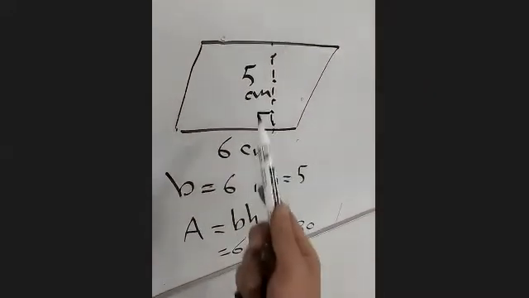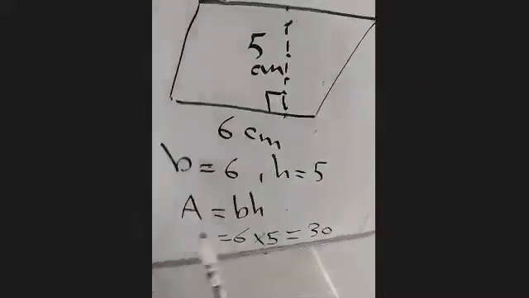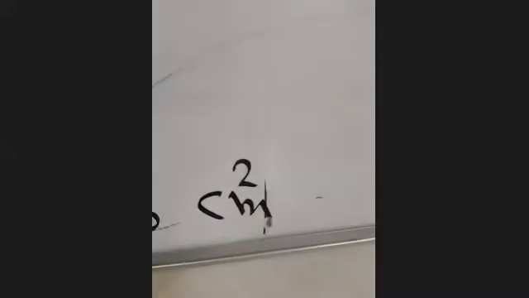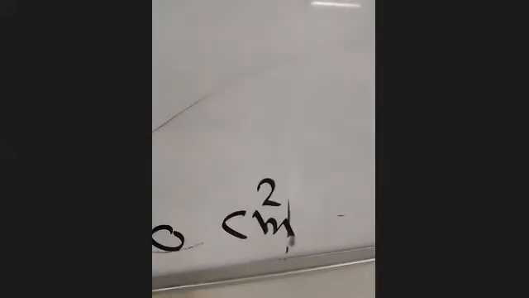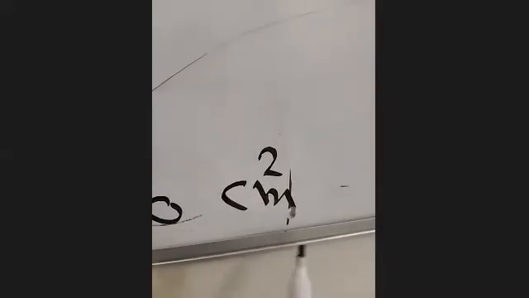So A equals 30, we put centimeter, and up here we put 2, like this. What does this mean? Centimeter to the power of 2, or centimeter squared, or squared centimeter, whatever, but you need to put exponent 2 on the unit of the area.